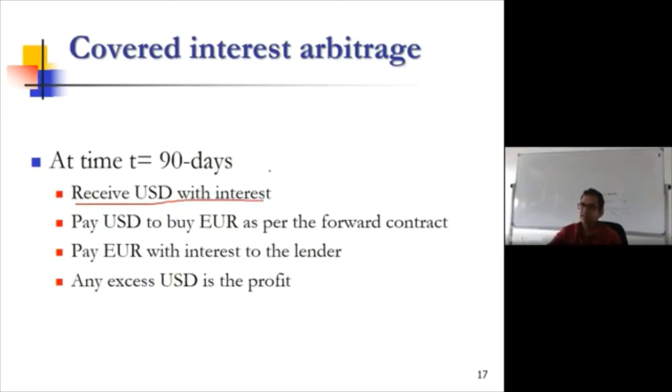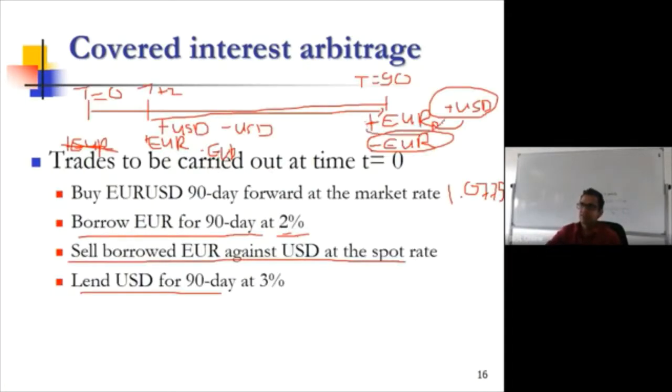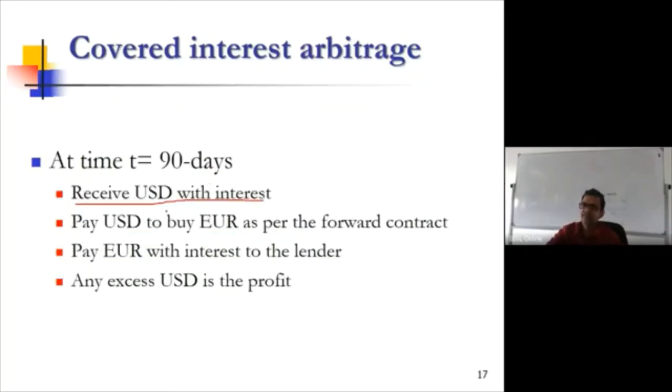Meantime, you have a forward contract to buy euro. So to buy that euro you need dollars. How do you find that? There's a dollar inflow here. You use those dollars to honor your forward contract. You buy euro. Then you will get a euro amount.